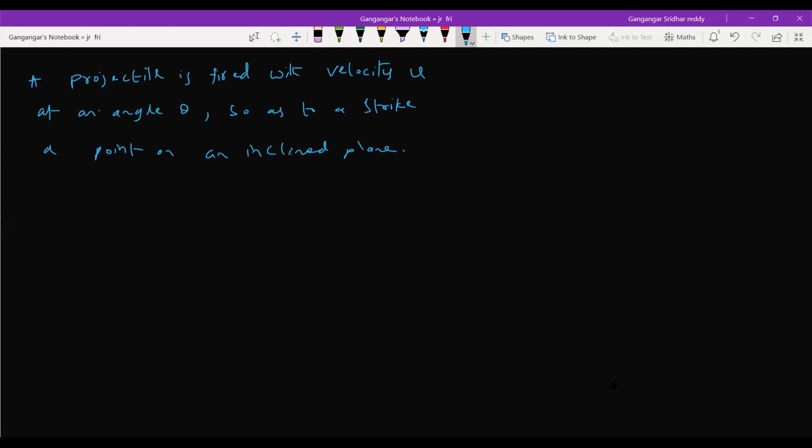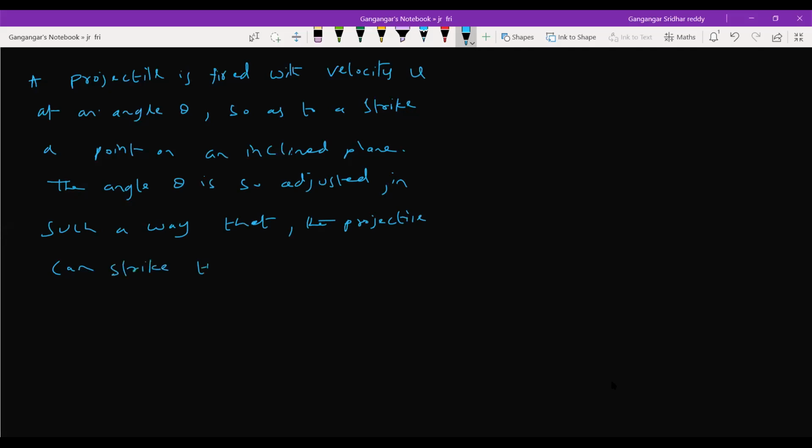We have to find out, you write here, inclined plane, the angle theta is so adjusted in such a way that the projectile can strike the inclined plane in minimum time.